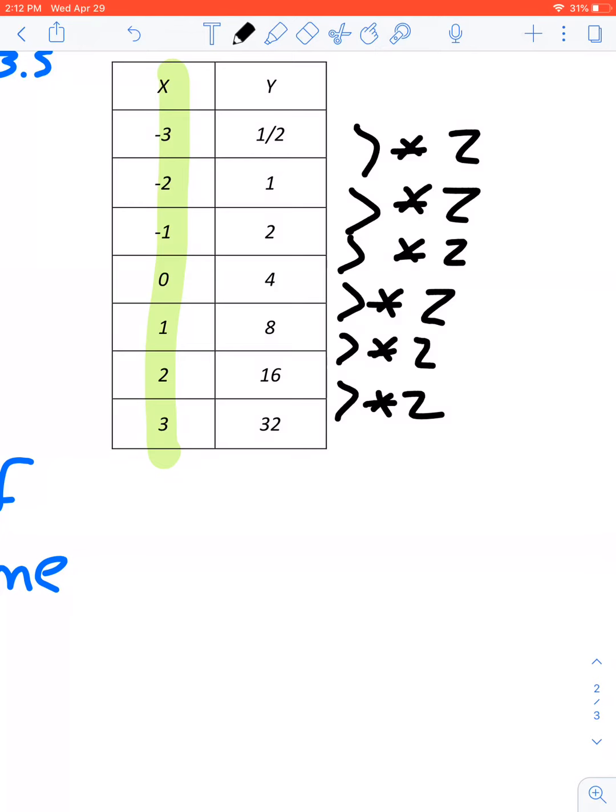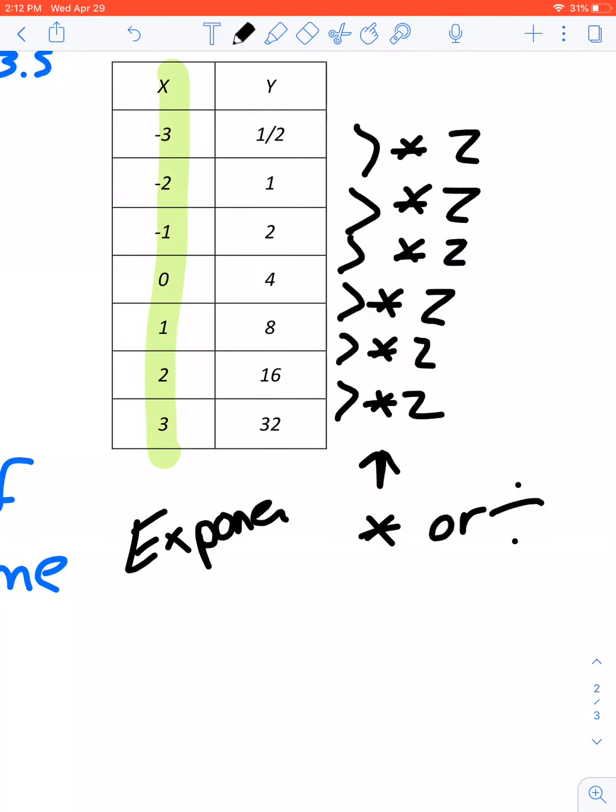So since multiplication is involved, whenever multiplication or division is involved, it's going to be exponential. So number 4 is an example of an exponential function. Again, what I want you to do in your homework now is look back at everything you didn't have classified and take these tables.